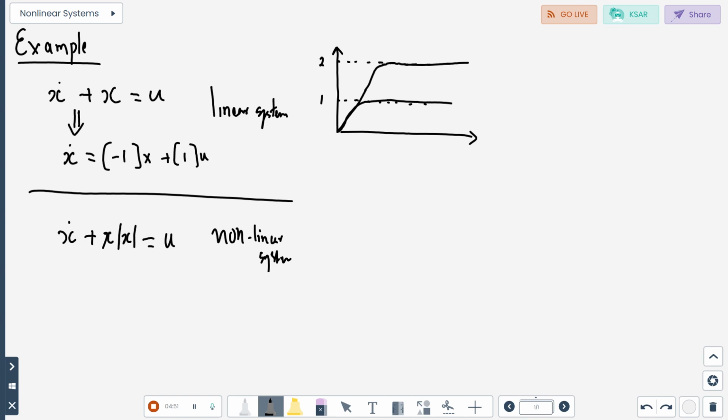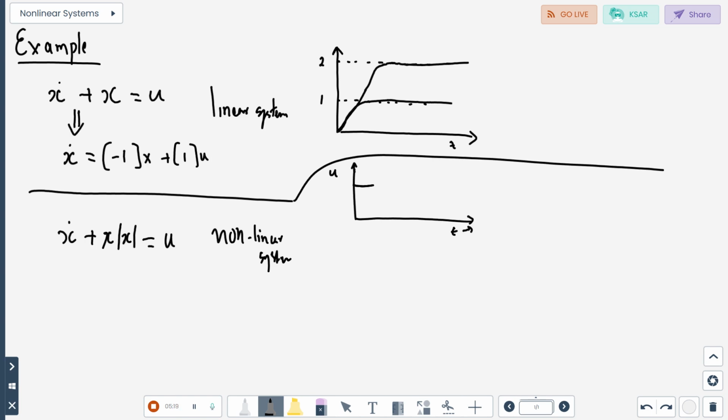Now let's again say we are applying an input of u. For this case, first we will be applying an input u that lasts for 5 seconds, and the magnitude of this input is 1.